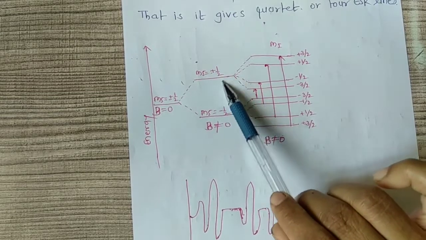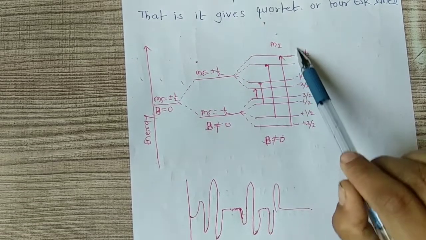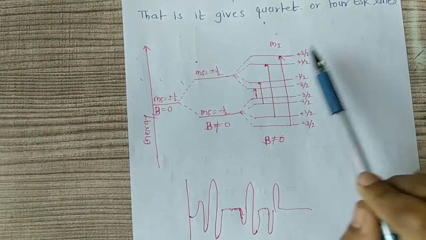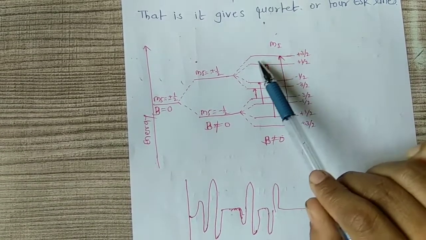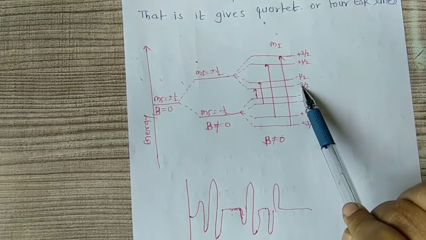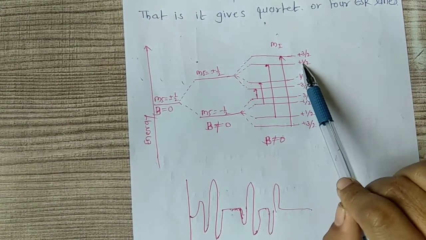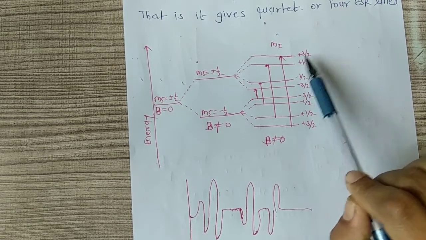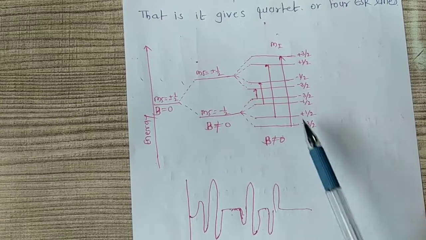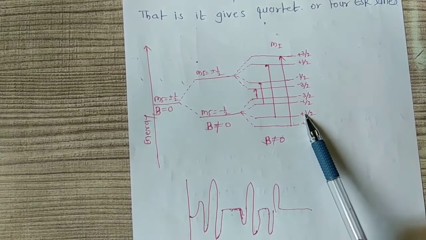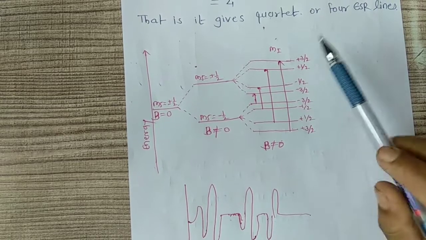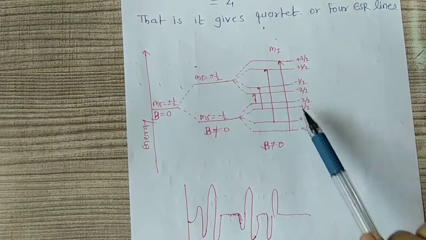Also, these energy states, when they interact with the nuclei in the presence of the magnetic field, give MI. For Ms plus half, MI gives minus 3 by 2, minus half, plus half and plus 3 by 2, and Ms is equal to minus half again gives plus 3 by 2, plus 1 by 2, minus 1 by 2 and minus 3 by 2. Means both give the 4 lines.